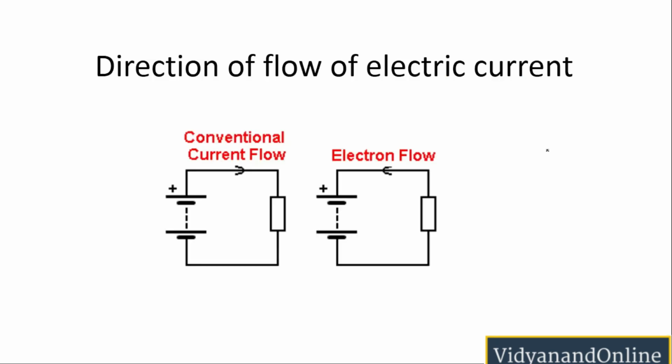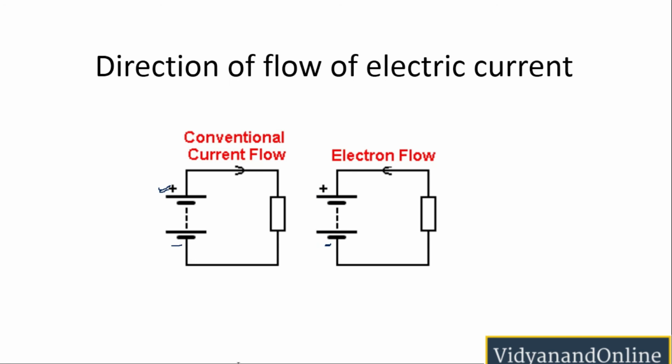Now let us discuss the direction of flow of electric current. The direction of conventional current is taken from positive to negative, whereas we know that the flow of electrons is from the negative terminal to the positive terminal. Now the question arises, why does it happen?